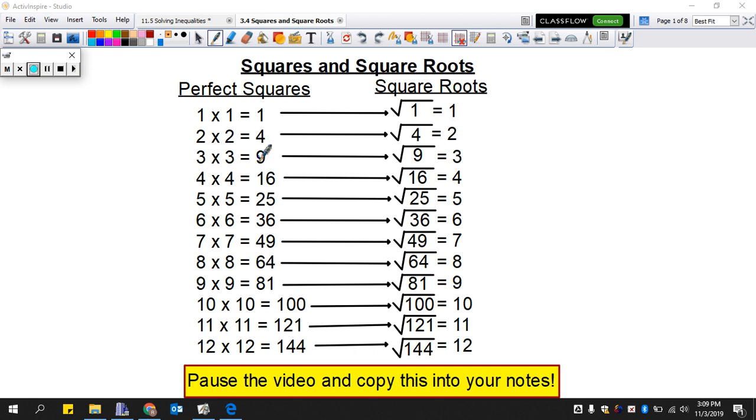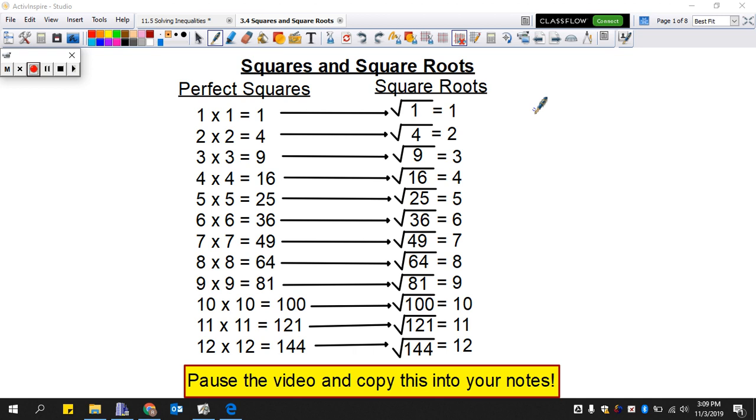So there are many, many other numbers that we can find the square roots of, but the square root of a perfect square is always going to be a whole number. And once again, most of the time you're going to need to use a calculator to find out what the square root of a number is, whether it's a perfect square or not.